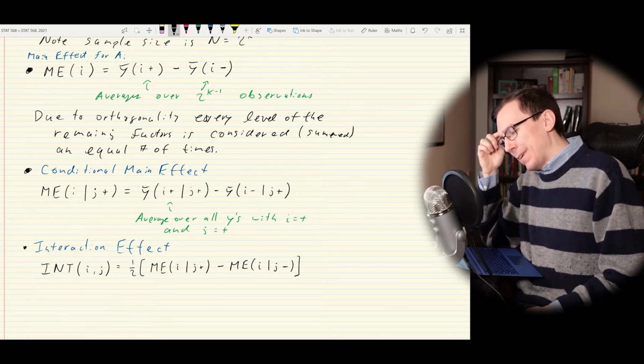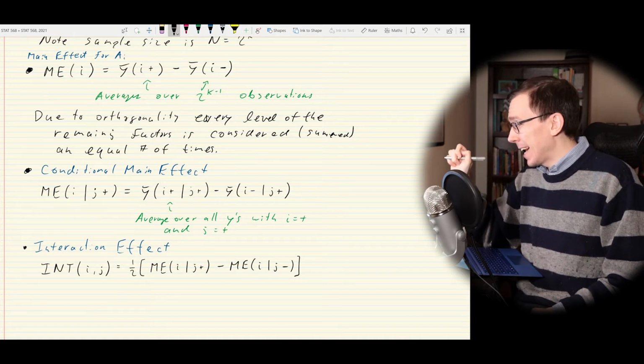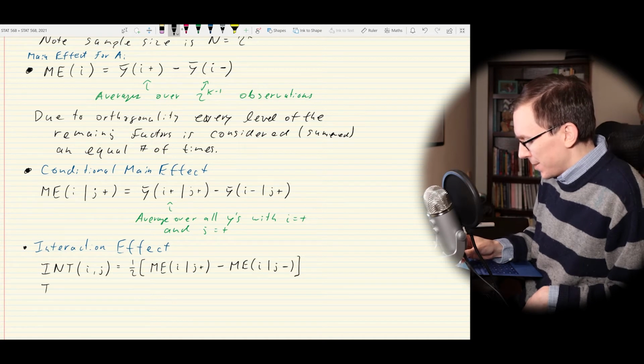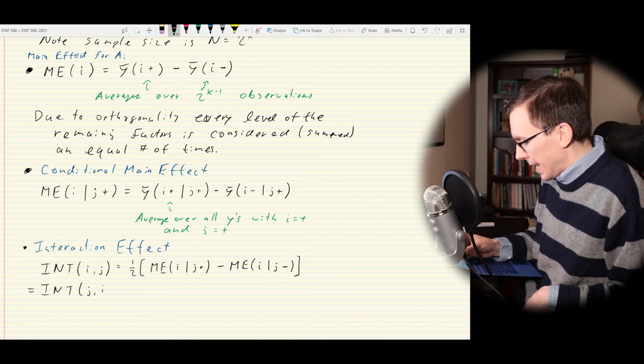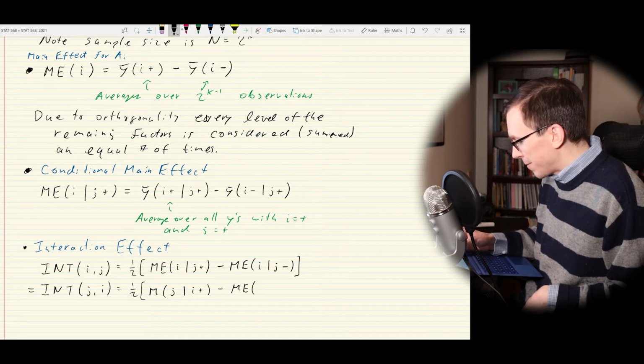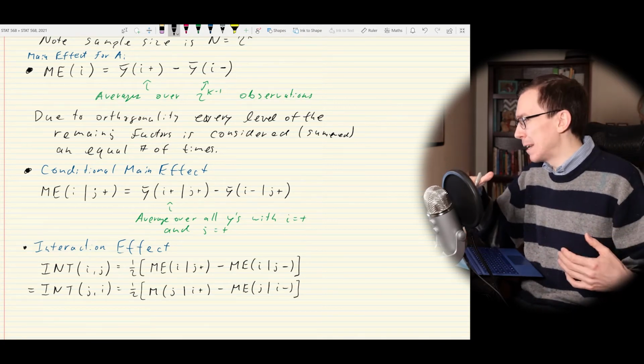Now you might be thinking, well, wait a minute, does this make sense? So yes, you can actually rewrite this symmetrically and note that this is also equal to the interaction of j and I, which is also equal to just flipping the order of j and I. If you write out the terms using the definition above, I don't really want to do that because it's just going to be a lot of terms to keep track of, but you can flip all of these around and they still kind of make sense.